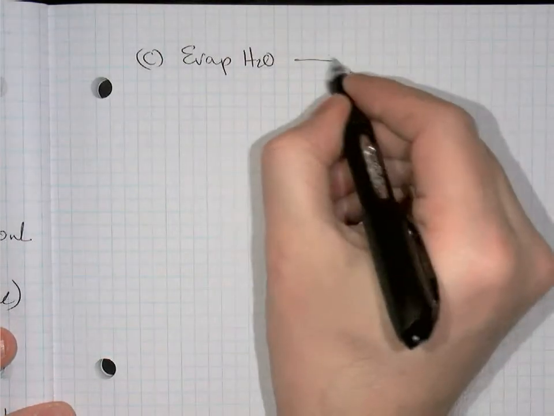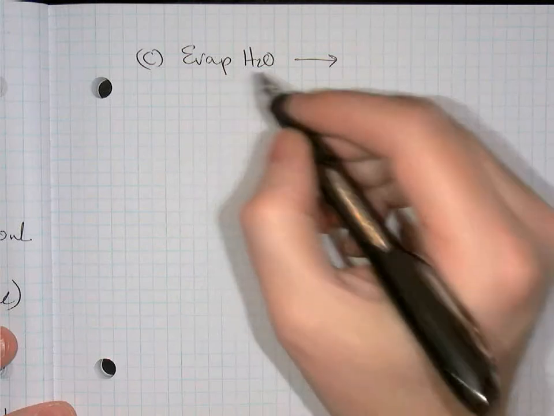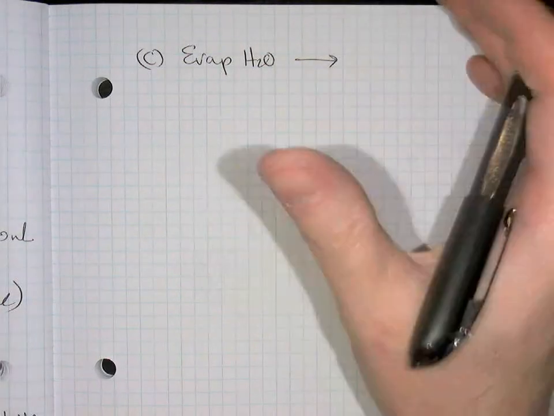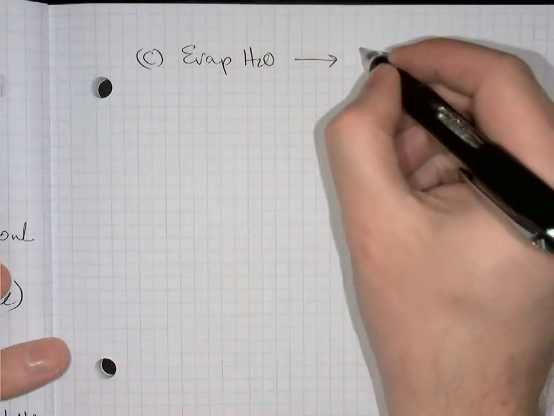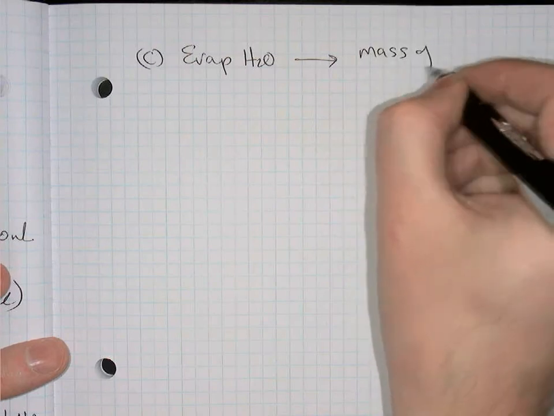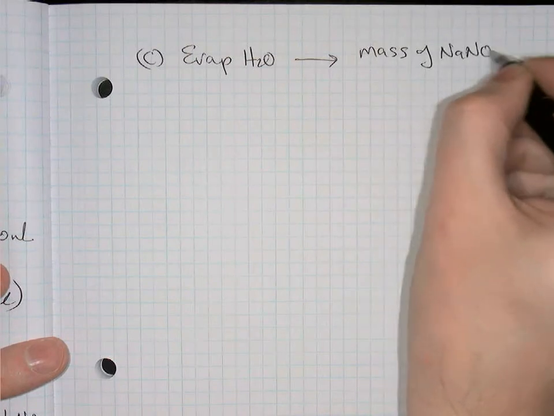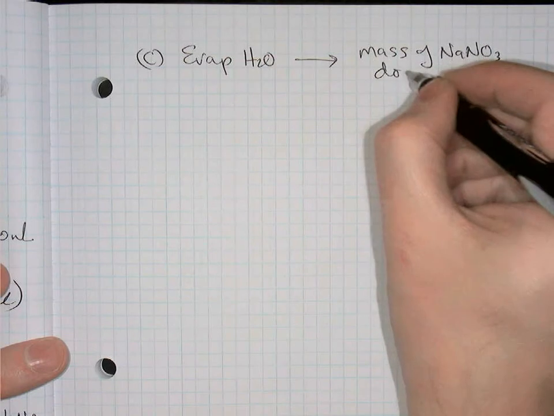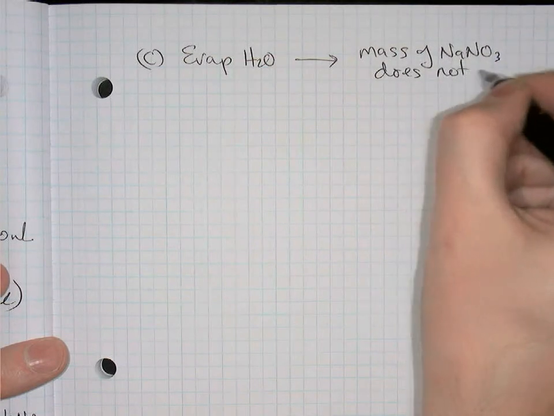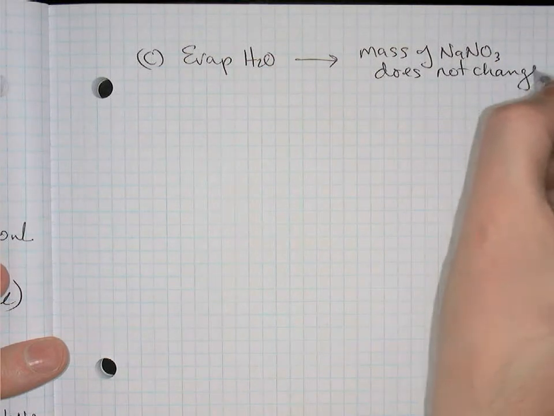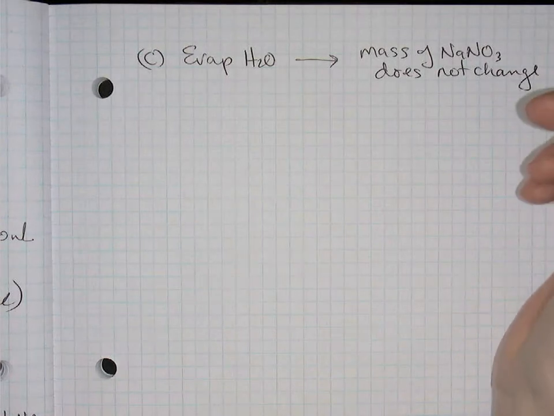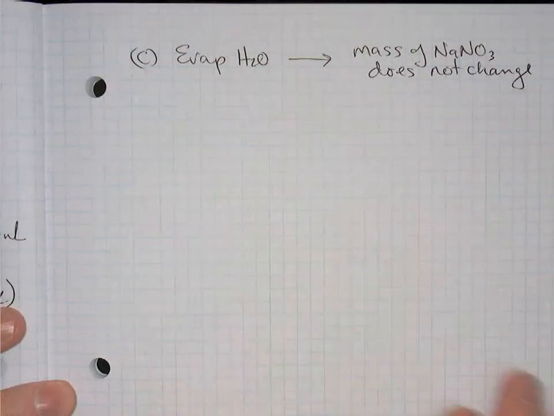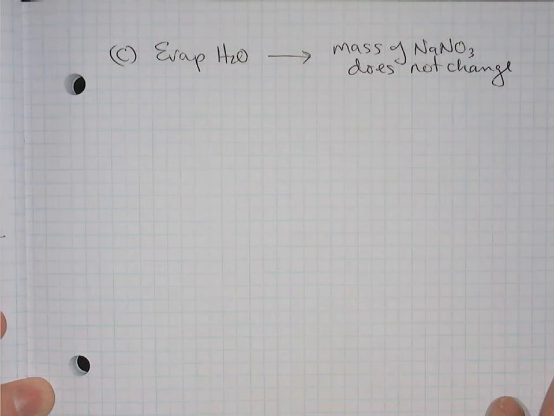And just like before, let's make an observation. If we evaporate water from the original solution that the students made, the mass of sodium nitrate in the solution does not change. The mass of the solution will drop because you're evaporating water, but the mass of salt in the solution does not change.